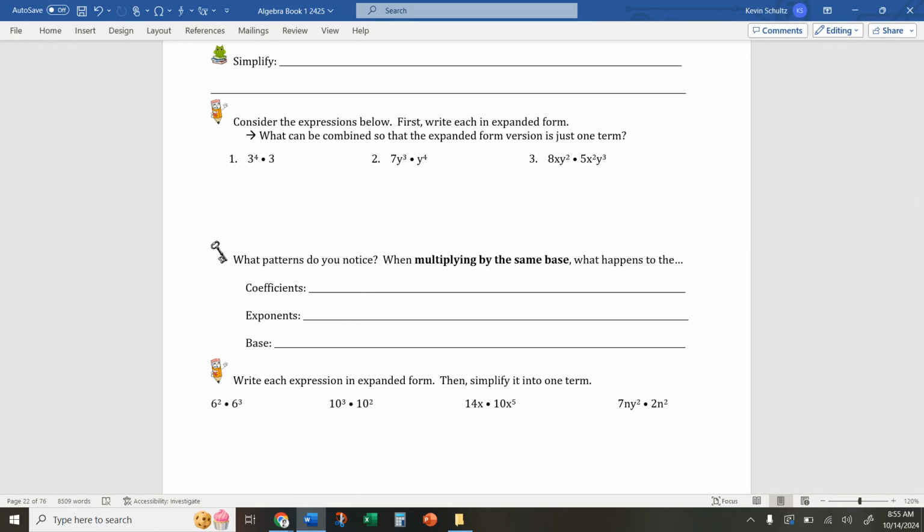Okay. All right. So to simplify an exponent expression is to write an exponent expression by combining all like bases.